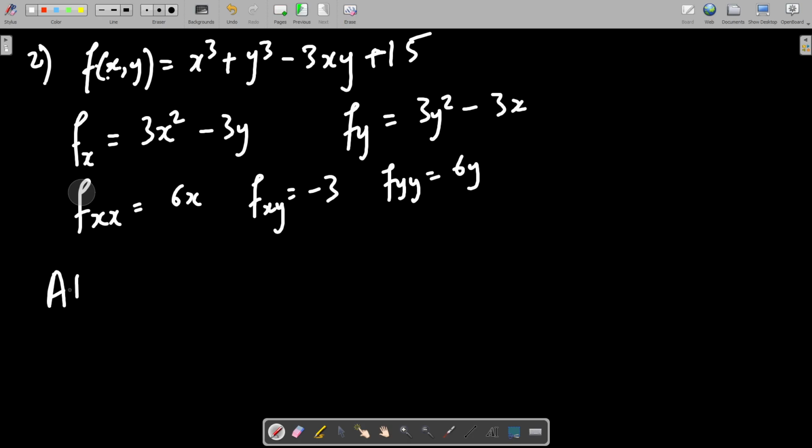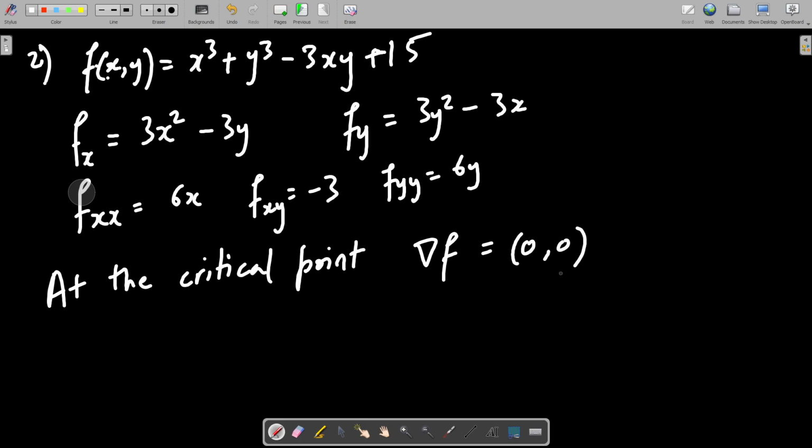Okay, so at the critical points, gradient of f is equal to 0, 0.